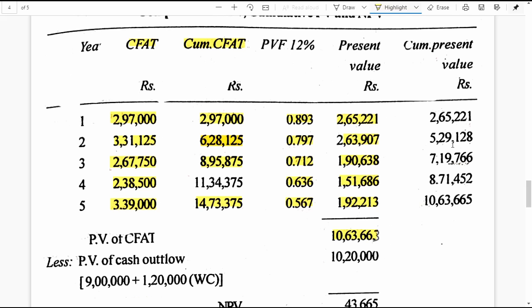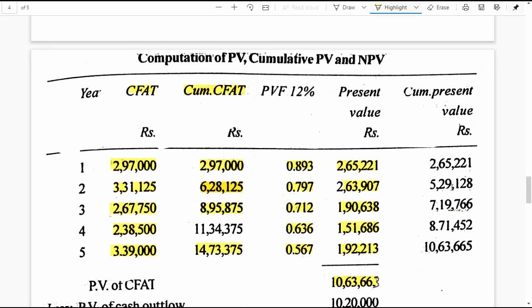Now let us go to calculate the cumulative of the present value of cash inflows, which is required for calculating discounted payback period. 2,65,221 plus 2,63,907 gives us 5,29,128. 5,29,128 plus 1,90,638 gives us 7,19,766.